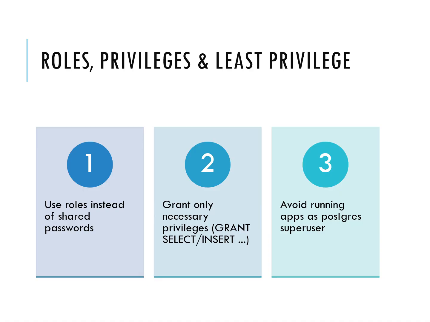You would want to use roles to model application and human access. You can create distinct roles for each application component and grant only necessary privileges. For example, a web app may only need the connect and select/insert commands, and you can avoid granting superuser or other highly escalated roles.